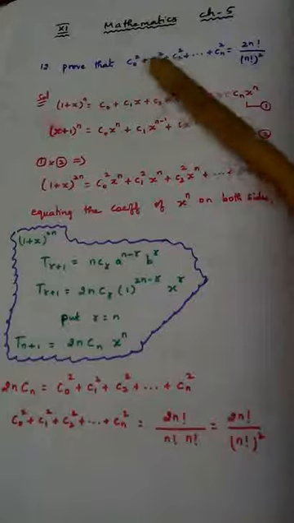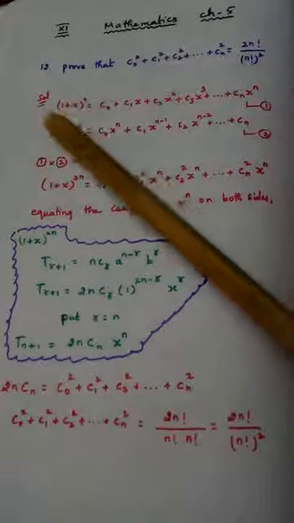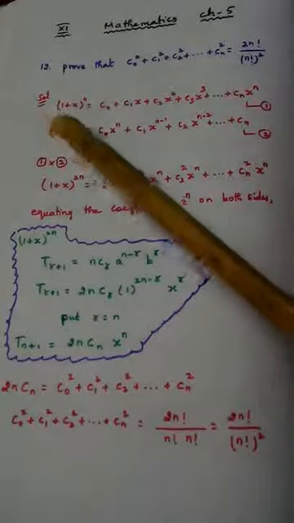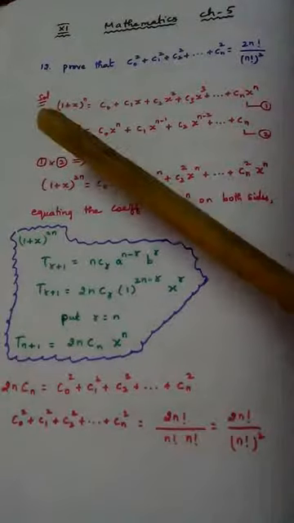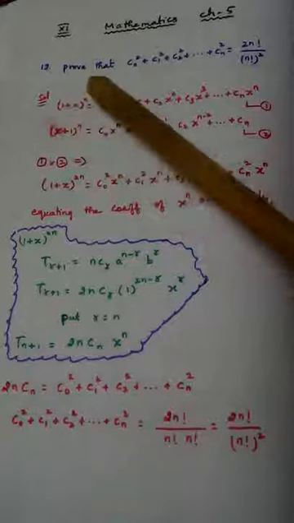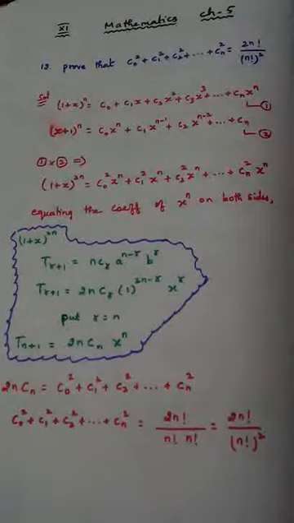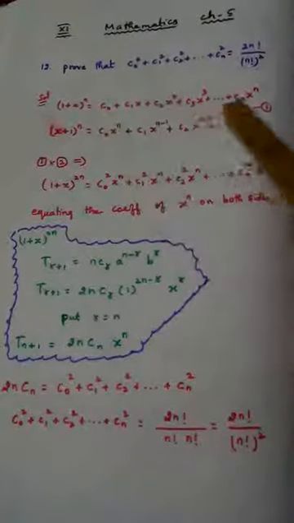In order to prove this result, we are starting with the formula that we know, 1 plus x whole power n. What is the formula? Can you remember? The formula is this: nc0 plus nc1x plus nc2x square, it goes on like that, and it will end at ncn x power n. The same formula I have written here. Don't get confused.